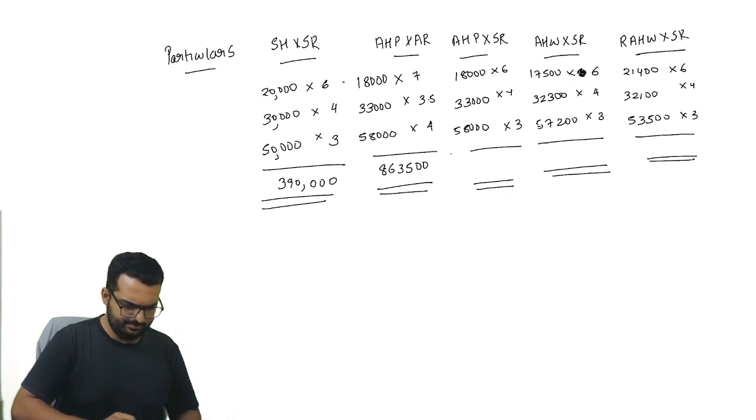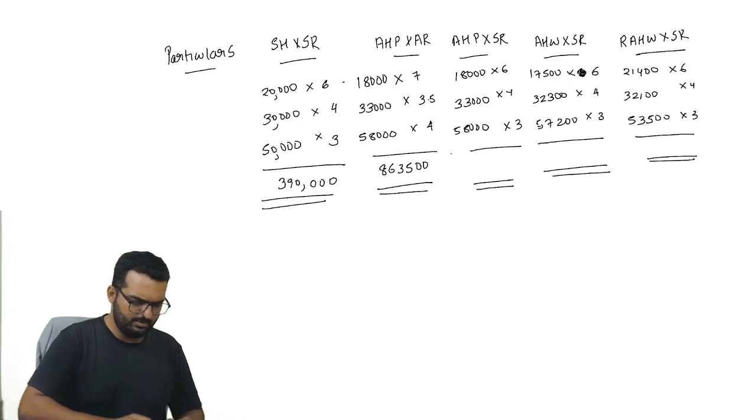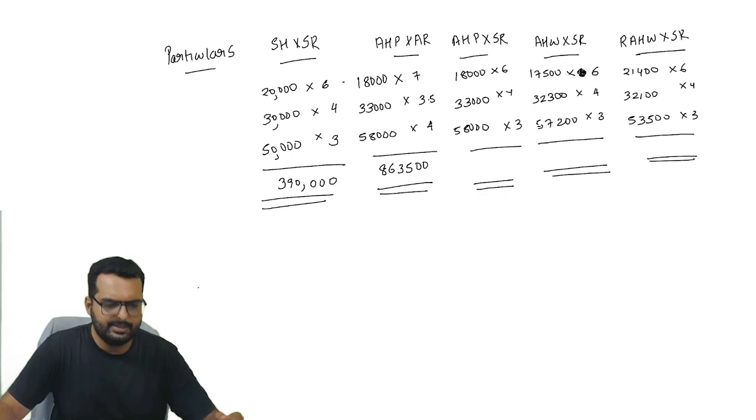18,000 into 7, 33,000 into 3.5, 58,000 into 4. 4 lakh 73,500.